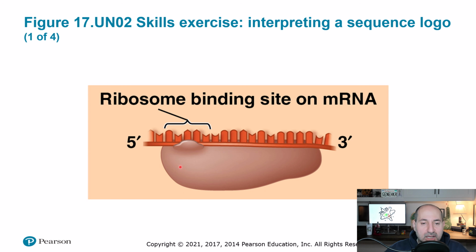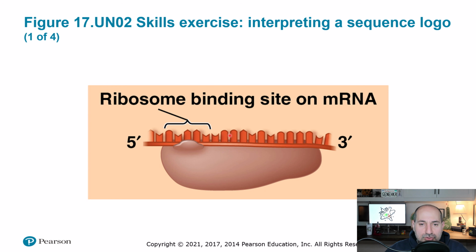Remember what happened. The small subunit, the small hamburger bun of the ribosome, identified the 5' end on the mRNA, and it found it by finding the ribosome binding site. Next, which codon is it going to search for?